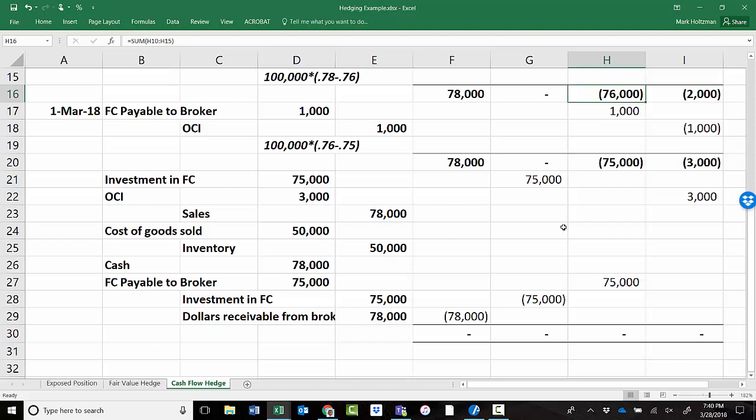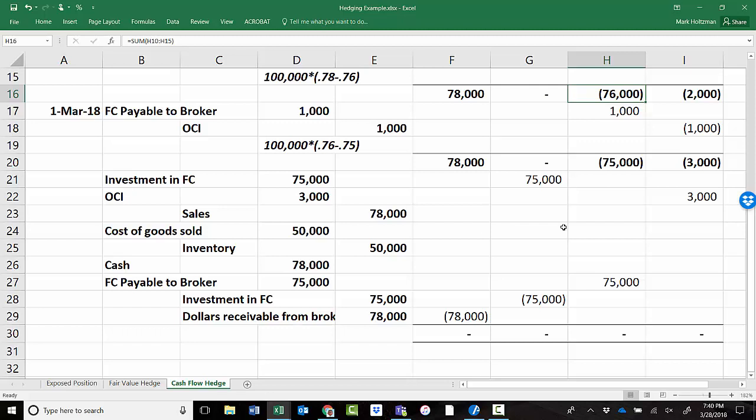So again, the exposed position is two transactions. That's why it's called exposed. You have the sale of goods for 100,000 euros, and then you have this investment in a financial instrument, a derivative. The difference between the fair value hedge and the cash flow hedge is very significant because with the fair value hedge, my motivation was to focus on the value of the liability, or it could have been an asset too.